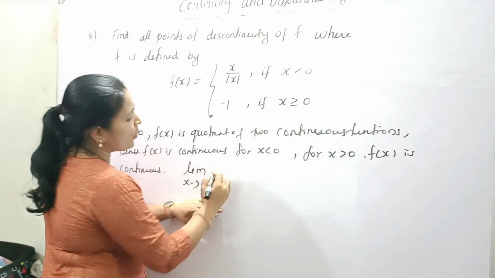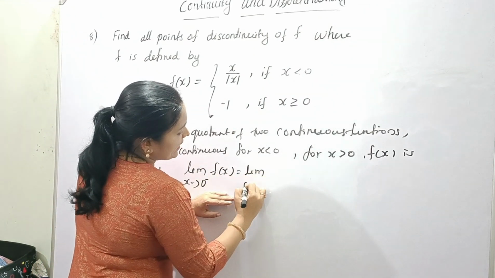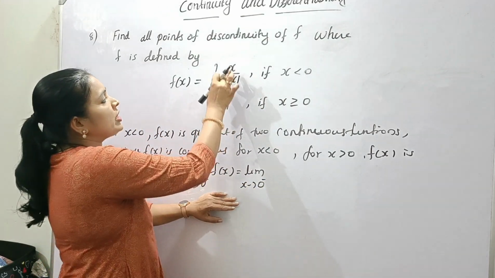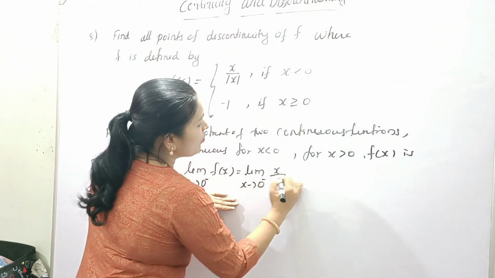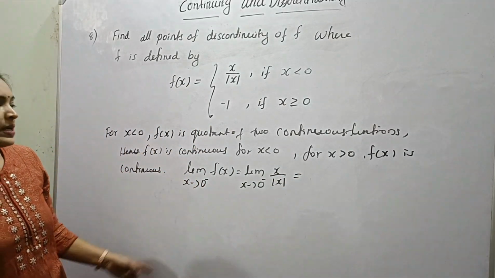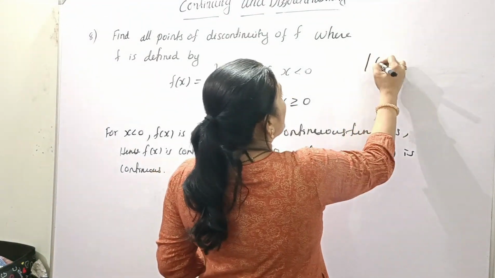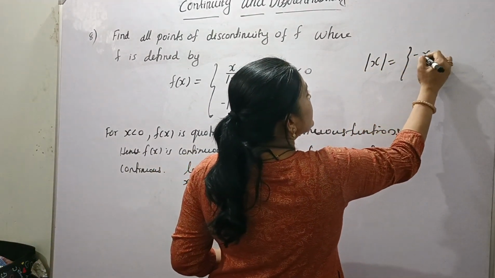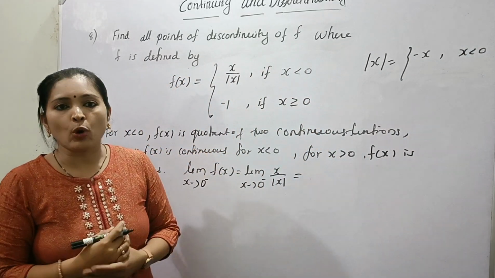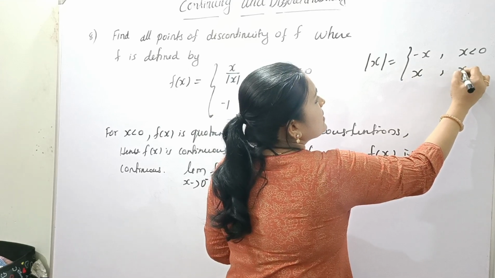Limit x tends to 0 minus f of x is equal to limit x tends to 0 minus, means less than 0, the function is x divided by modulus x. Here see, when x less than 0, our definition is modulus x is equal to minus x, right? That is the definition of modulus x. It is x if x greater than 0.